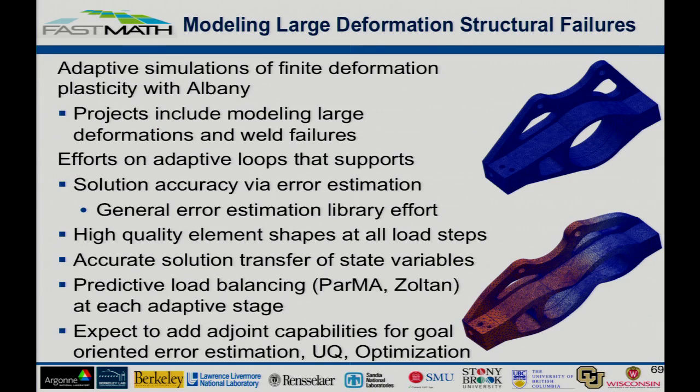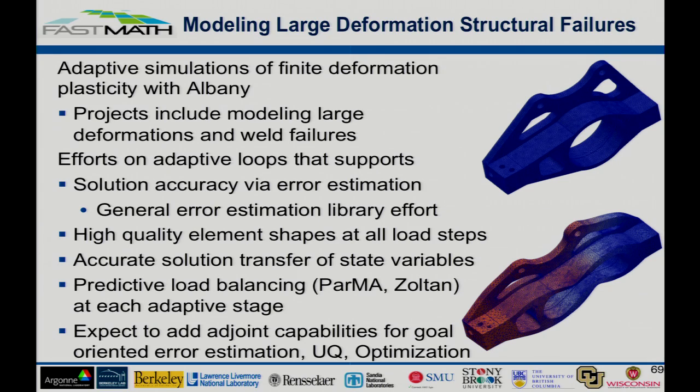Moving on to other activities, another one of Albany's strengths is the solution of finite deformation plasticity problems, just general large deformation mechanics. We're looking at extending this in the regime of fracture and the like. Some of the prototype projects we're looking at is weld failure, large deformation of welded joints.